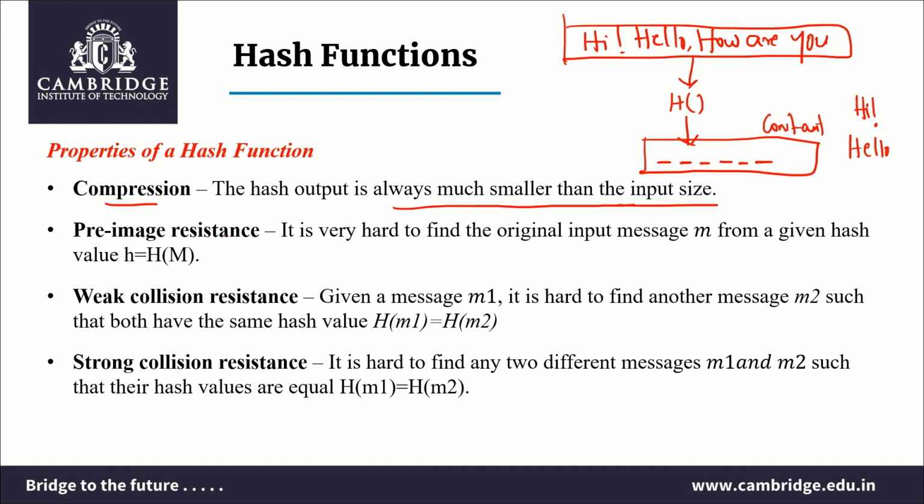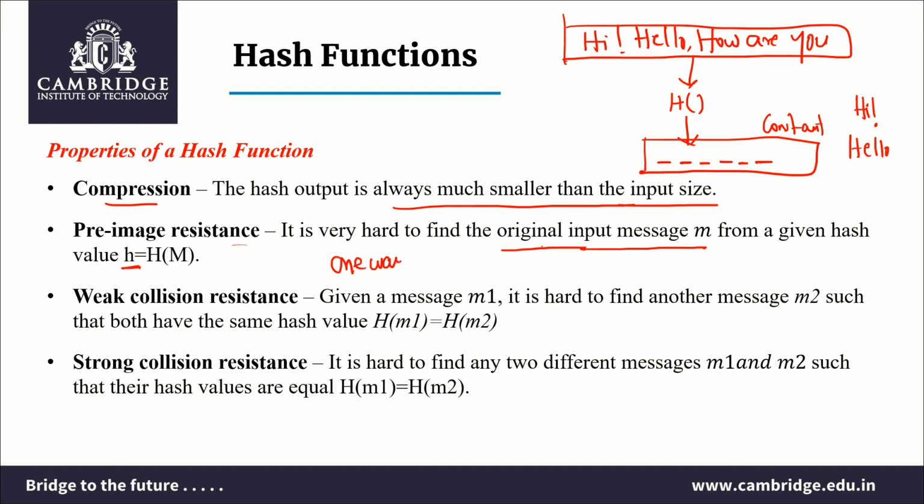And then pre-image resistance. What do we mean by pre-image resistance? If I have the hash value h, it is very difficult for us to find the original input message m, which means it is a one-way function.